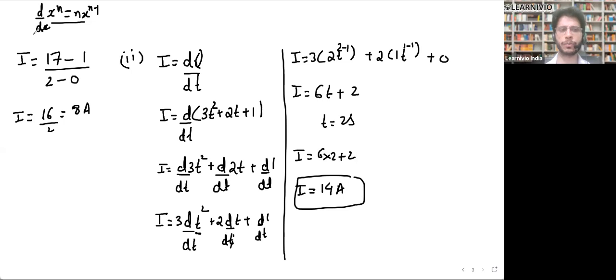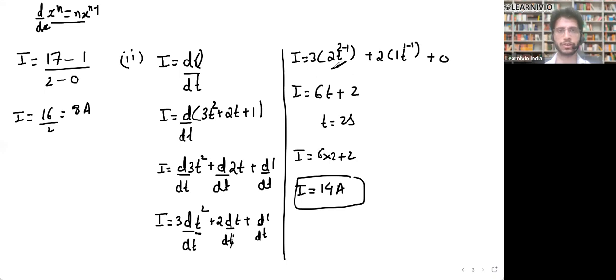I'm not cancelling d and t. It's a totally different operator. So x to the power n, if you are differentiating, that is nx to the power n minus 1. So here you can compare it. Instead of x, I'm using t. Instead of n, I'm using 2. So I'm writing 2t to the power 2 minus 1.